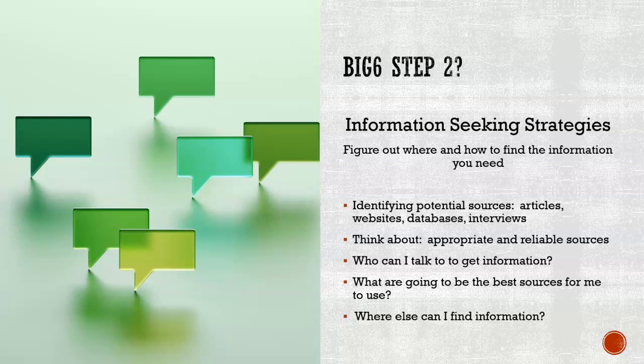It's not a great source. And so you can ask yourself, who can I talk to get information? Where are going to be the best sources for me to use? And where else can I find information other than the potential sources that are listed?